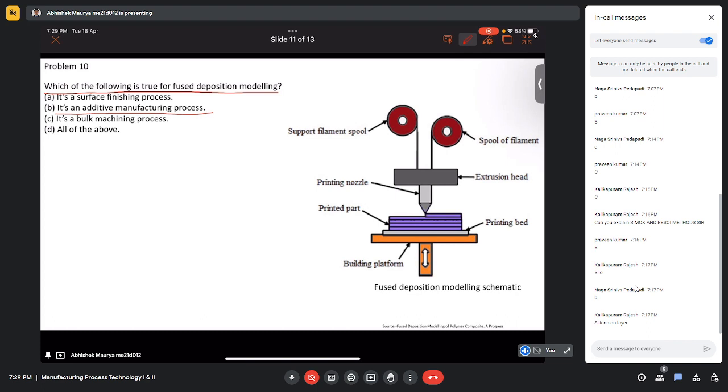Those things we have studied. Later on we studied electron beam machining, ion beam machining, and laser machining. So till now, to get the final product, we were studying manufacturing techniques where material removal was involved.